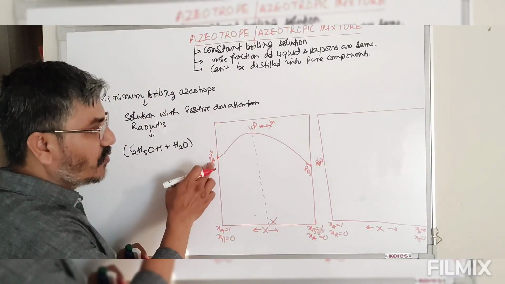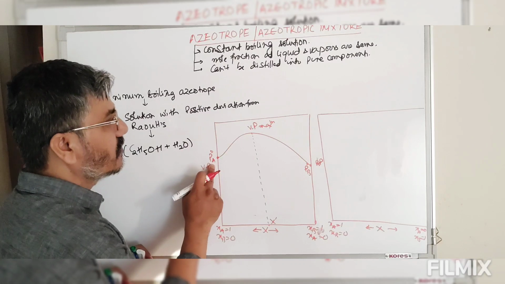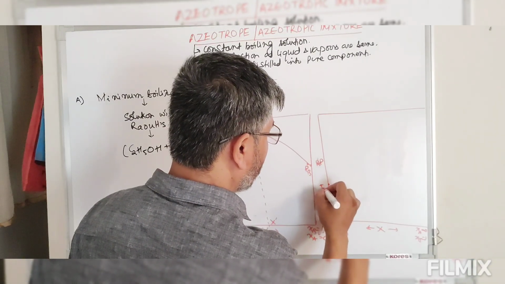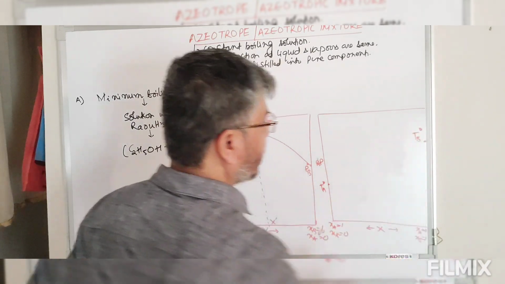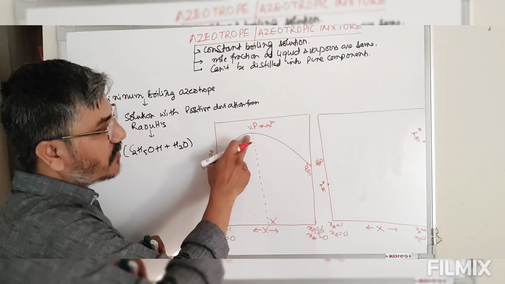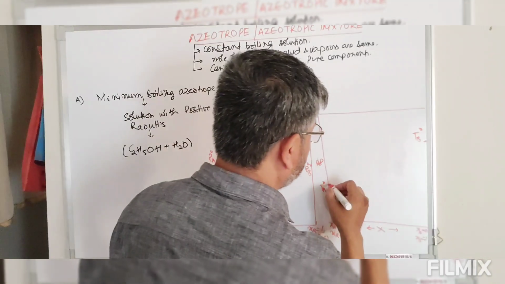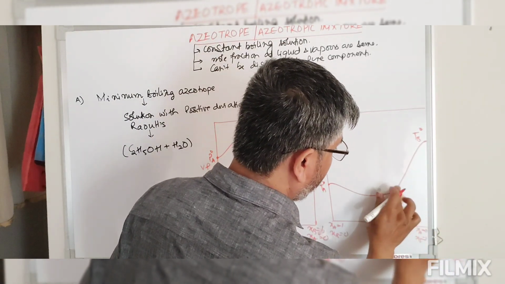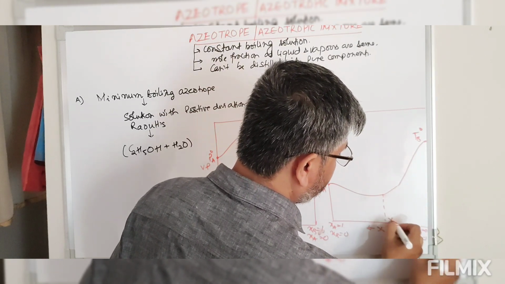Now since A is more volatile than B, the boiling point of A will be less than the boiling point of B. So this is the boiling point of pure A and this is the boiling point of pure B. At this particular composition the vapor pressure is maximum, so the boiling point will be minimum. So this is the point where the boiling point is minimum, that is x prime.